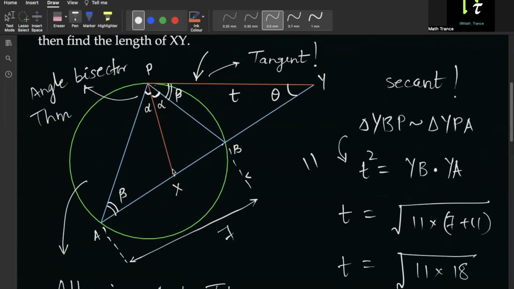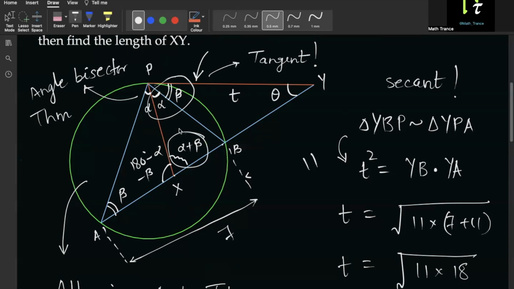Okay, so what is this angle then? Instead of finding this angle, just check what this angle is. This angle is basically 180 minus alpha minus beta, right? And therefore this angle will become alpha plus beta, right? Now you can see that this angle is alpha plus beta and this angle is also alpha plus beta.